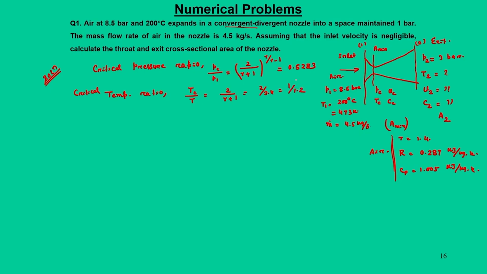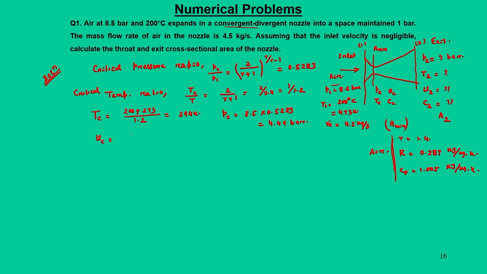Since we know T1, we can find Tc as (200 plus 273) divided by 1.2, and this value is 394 Kelvin. We also have Pc equal to 8.5 into 0.5283. So, this is equal to 4.49 bar.